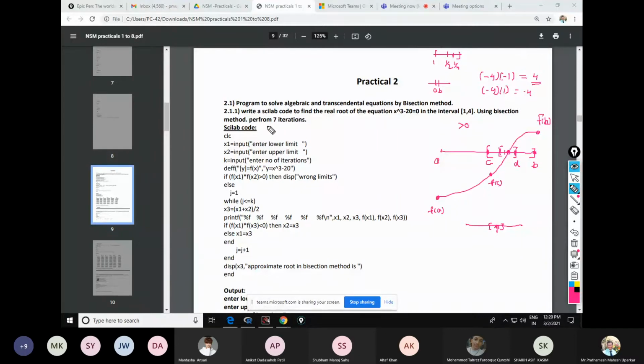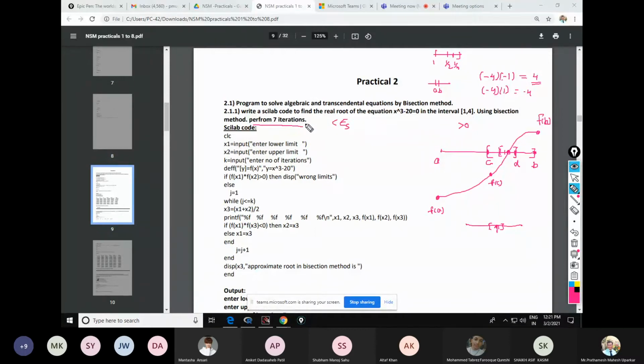So there are two parts: either they will give you the required number of iterations or they will give you the value of es. What is es? What did we study in chapter 1? How much error is permissible, that is given by es. So if es is given, or if you are told up to 3 decimal points, up to 4 decimal points, or up to this significant figure, then you have to calculate es.